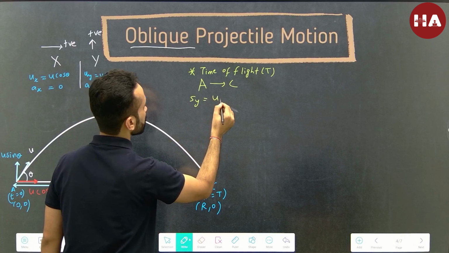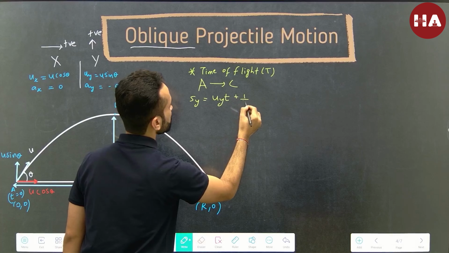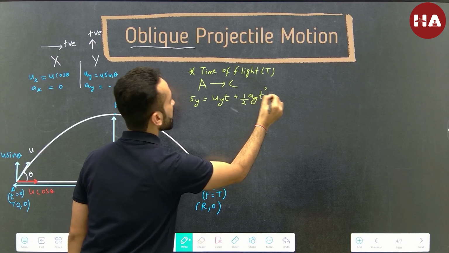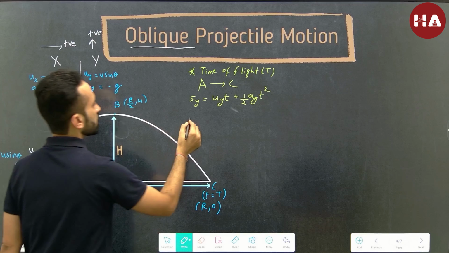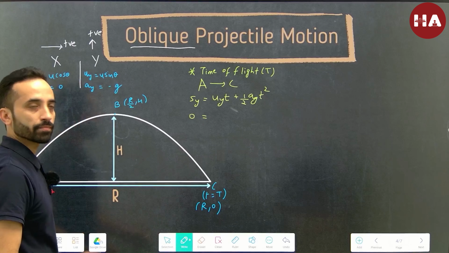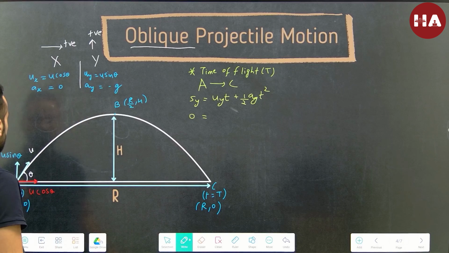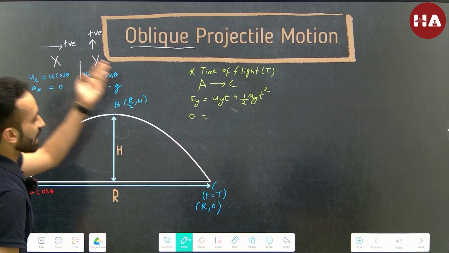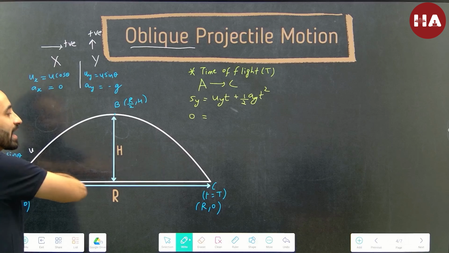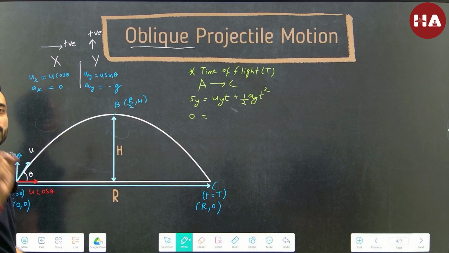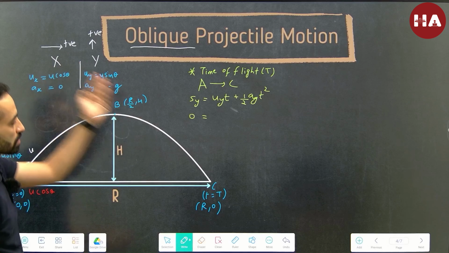Very quickly, S equals ut plus half at square. That is the second equation of motion, precisely in the y direction. Now, what is Sy? It is 0. Why is it 0? Because we started off from ground and we land back on ground. We might have moved a distance in x, but in y our displacement is going to be 0 because it is ground to ground.